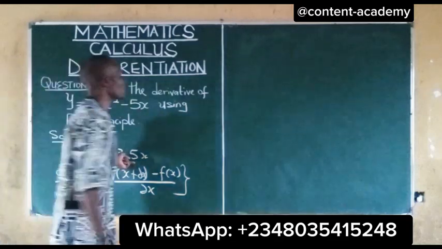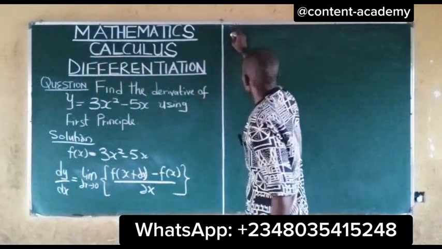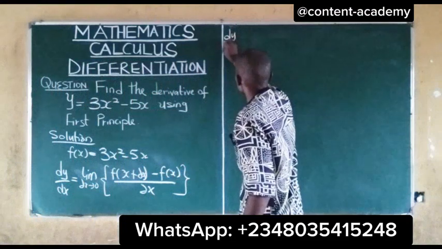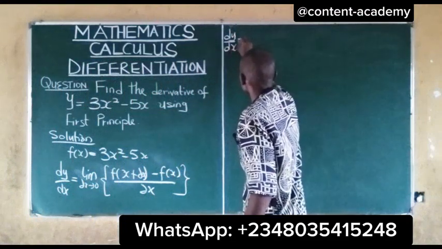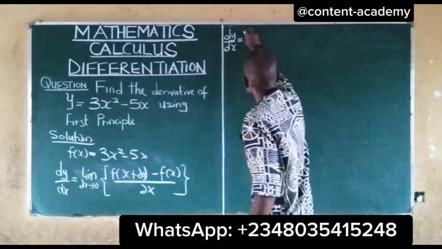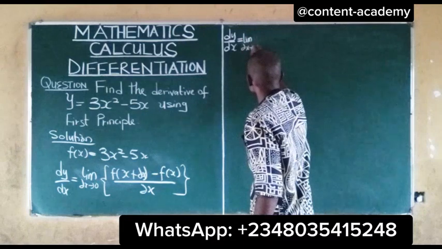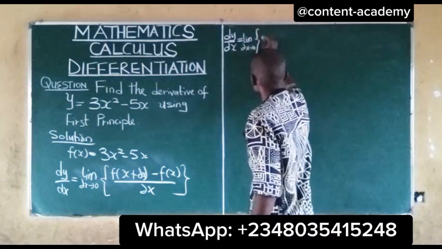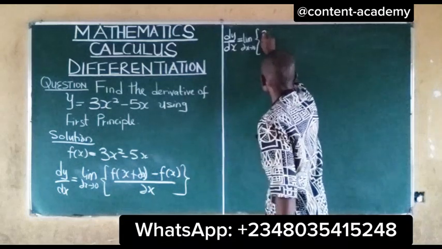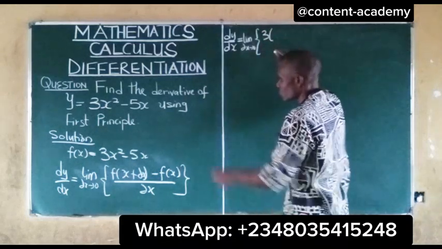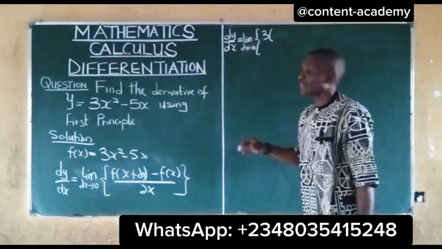So we already have our question here. We come over here, dy over dx is equal to the limit as dx tends to 0. We have 3. Anywhere you see x, we put x plus dx.